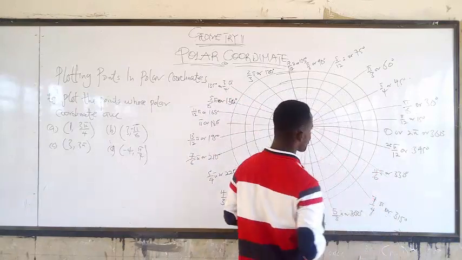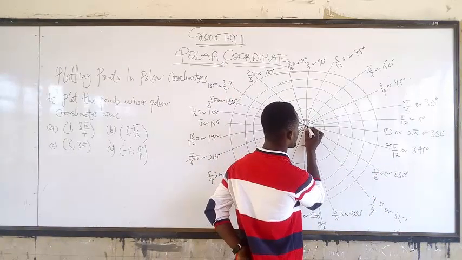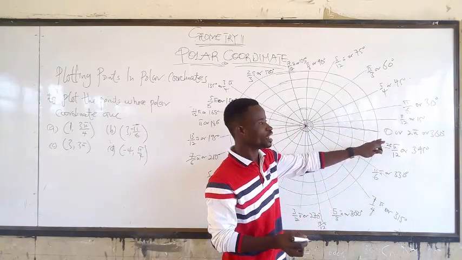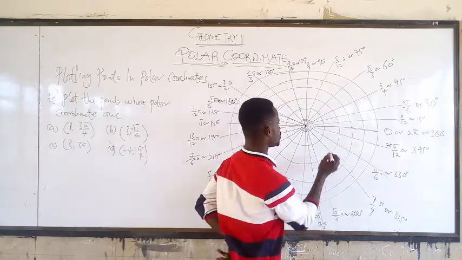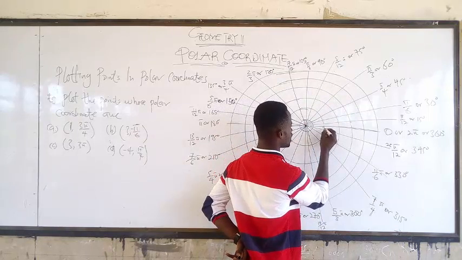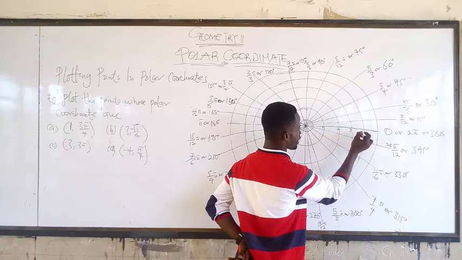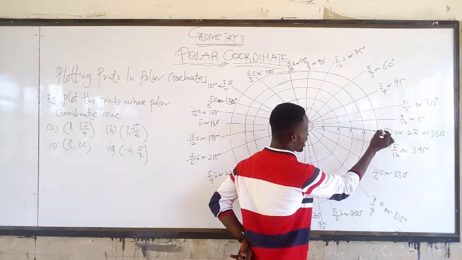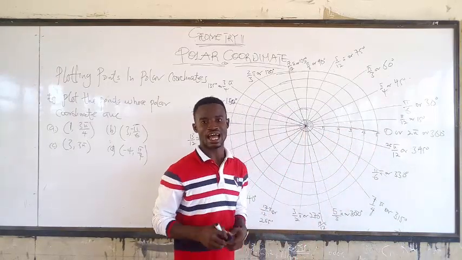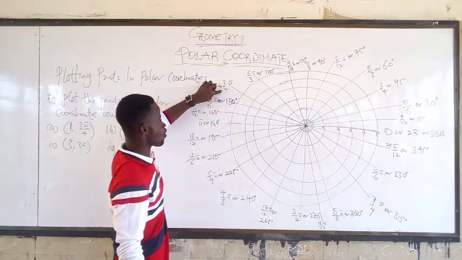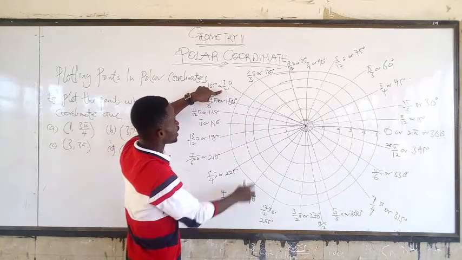So first of all, let's name our r here. And when you name it here, it will apply for all. So this is going to be 1. Let's put 1, 2, 3, 4, 5. So we are going to use that as our r. When you are at 3 pi over 4, then you check that place.